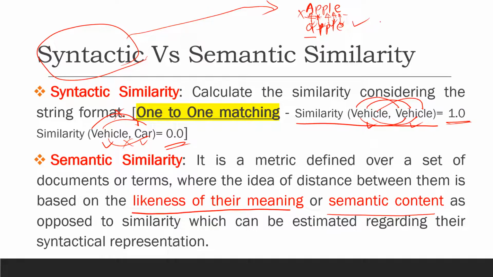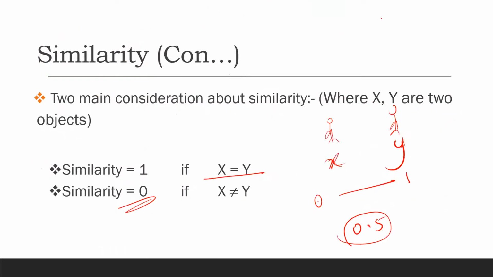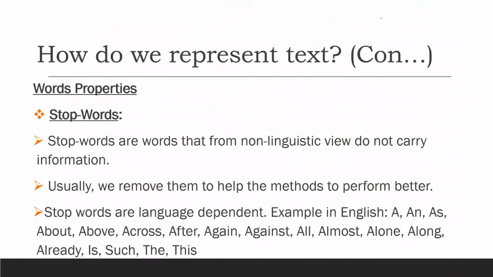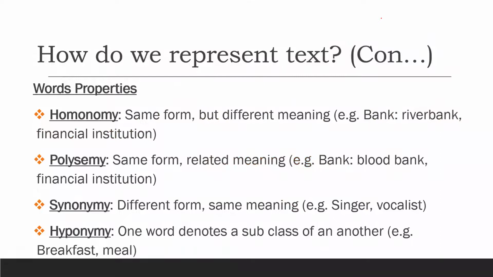Do you remember what we discussed yesterday about word properties? We discussed synonyms. Take singer and vocalist. When we apply syntactic similarity, they are totally different. But when you look at semantic similarity, both are equally the same, because we are considering the meaning, not one-to-one character matching.